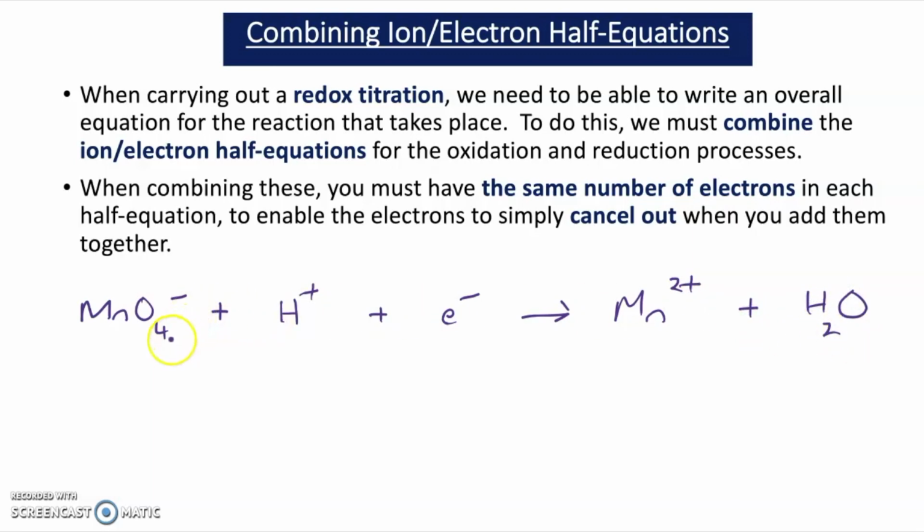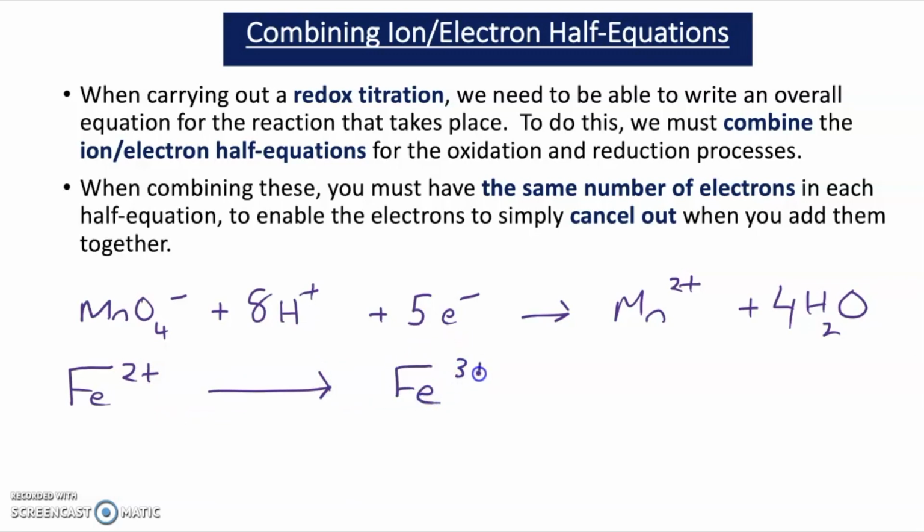And to balance it, I need 4 H2O because I've got 4 oxygens on the left. This means I need 8 H+, and I then need 5 electrons so that the charges are balanced, because I have 1- and 8+, which is 7+. I need 5 electrons so that the charge on the left and the right is 2+.